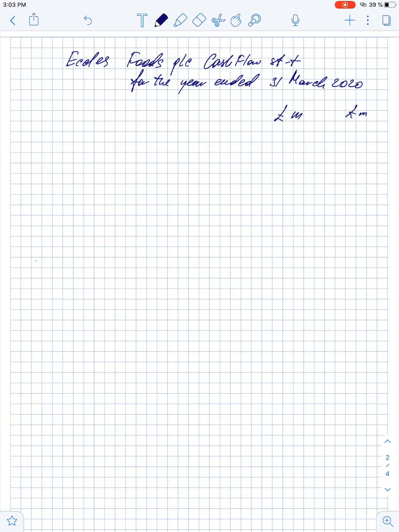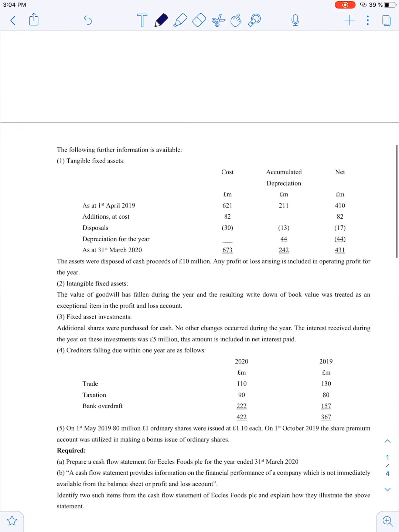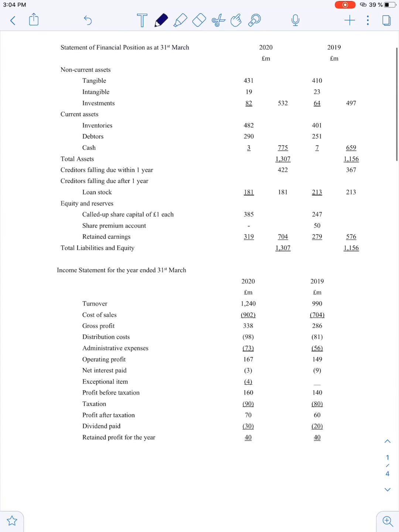And the very first line we have to start the compilation of cash flow with is operating profit. Profit before interest and tax, or operating profit, could be found in the income statement. So we have to look at the statements provided.